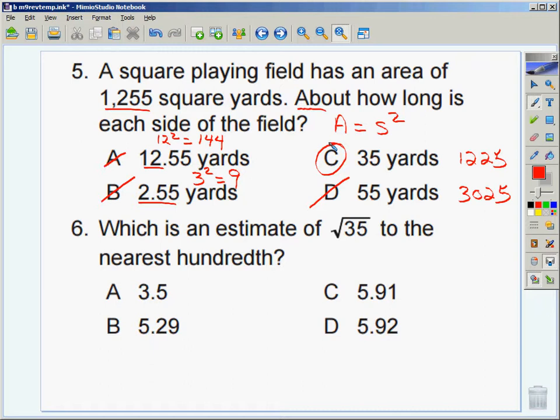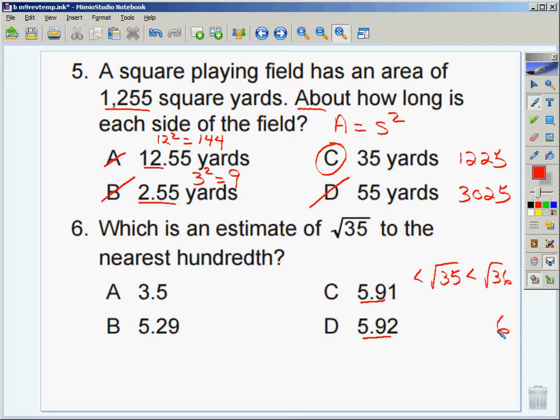We talked about number 6 in class today, even commented that these numbers, C and D, are awfully close together, and you won't be expected to know that tomorrow. But the method of how to do this is important. The square root of 35, we look for a square root that's greater and less. We know the square root of 36 is 6.